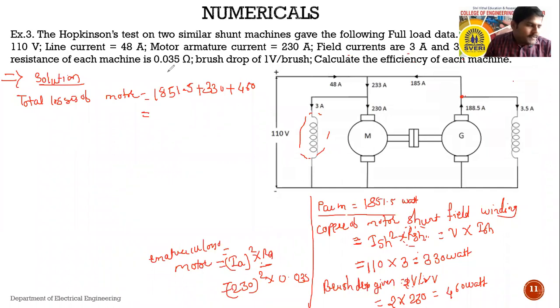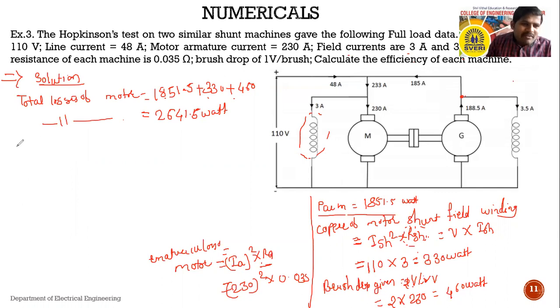What is that value? Around 26, it should come to 26. 2600, 41.5, 0.5 watt. 2641.5 watt. So we have calculated the total losses of the motor.